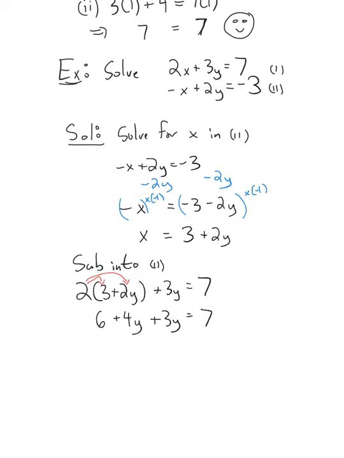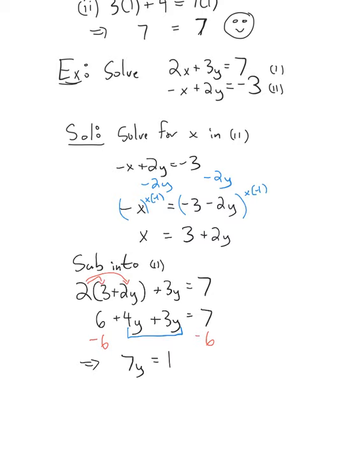All right, let's clean this up a little bit. I'll do 2 steps in one almost. I'll subtract 6 from both sides, and I'll combine these like terms in one step. So 6 minus 6 is 0. We'll do the 4y plus 3y now. That's 7y. And that equals 7 minus 6 is, of course, 1.